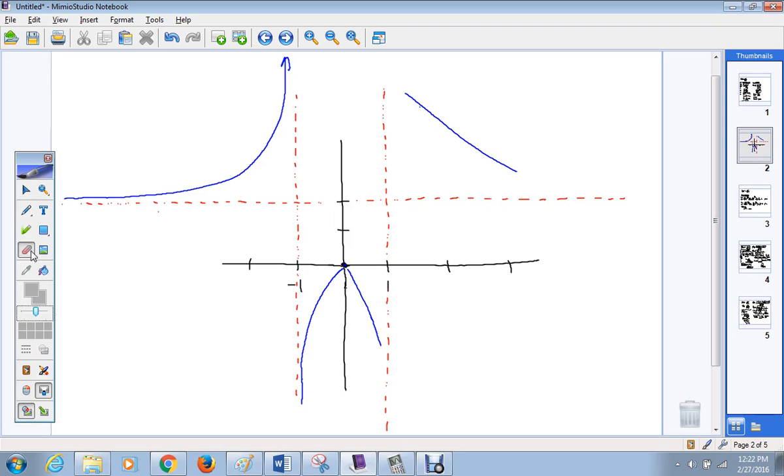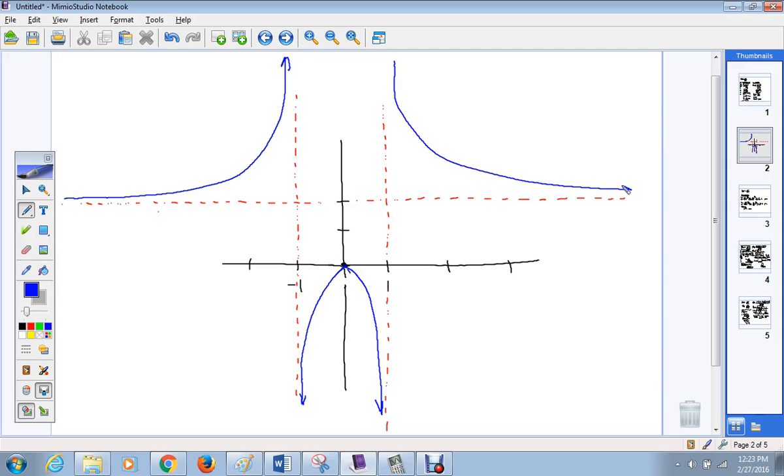So we would draw our graph now. We would say decreasing concave downward, and then we would be approaching our asymptote. And then on the interval from 1 to infinity, we're decreasing but concave upward. So if we draw that in, decreasing concave upward, we're going to be approaching our asymptotes.